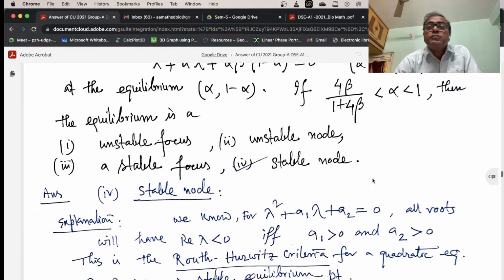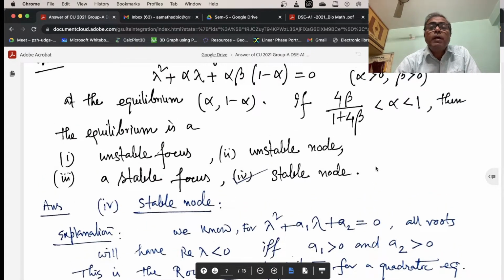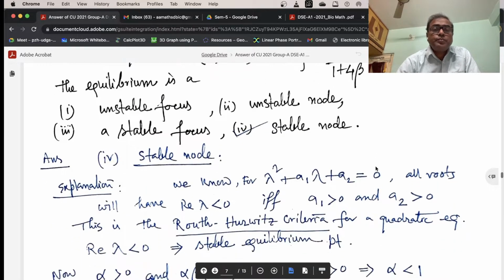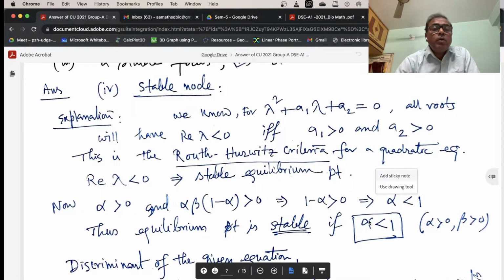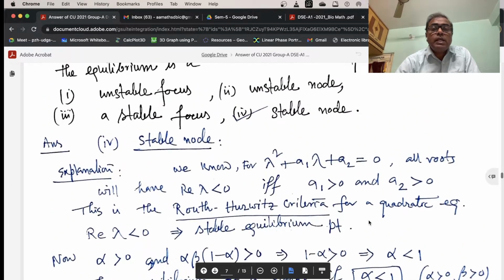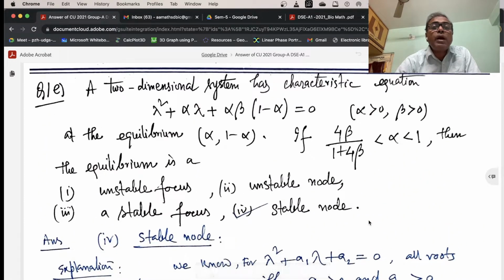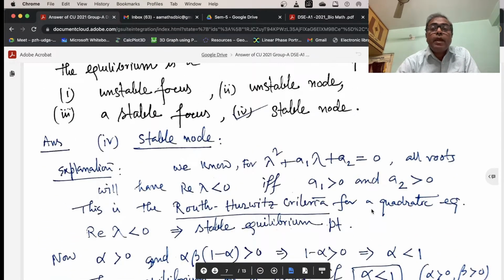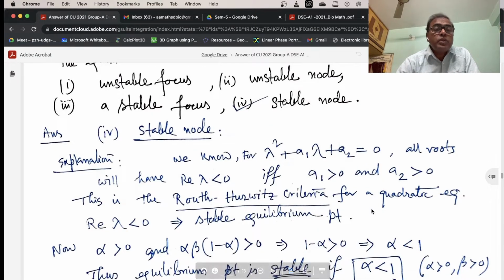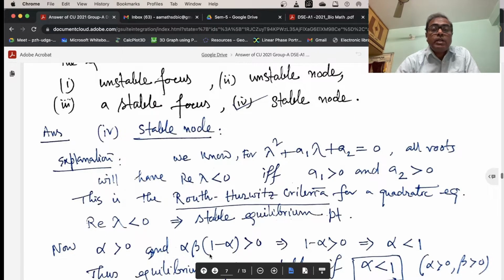In this question, alpha greater than 0, beta greater than 0. Here A1 is alpha, and A2 equals alpha beta times (1 minus alpha). So for stability, A1 positive and A2 positive, so obviously we get alpha greater than 0 and alpha beta times (1 minus alpha) greater than 0.